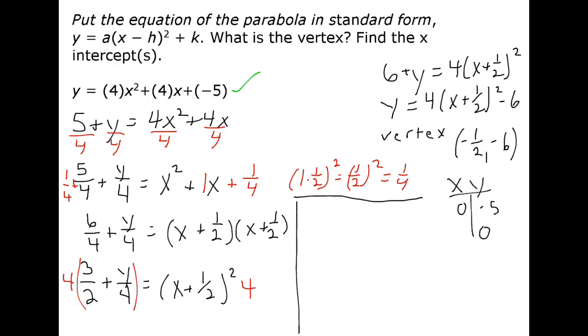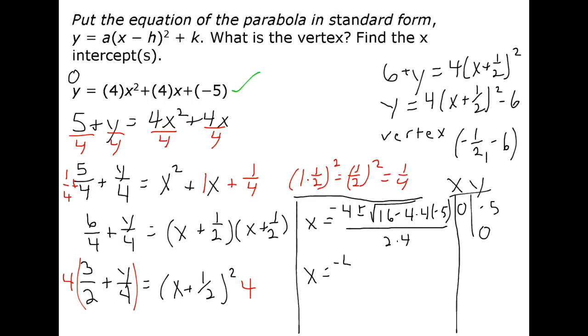So I'm saying y is 0 here, and solving using the quadratic formula, x is equal to -4 plus or minus the square root of 4 squared, so that's 16, minus 4 times a times c, so 4 times 4 times -5. Getting squishy there. All over 2a, so all over 2 times 4.